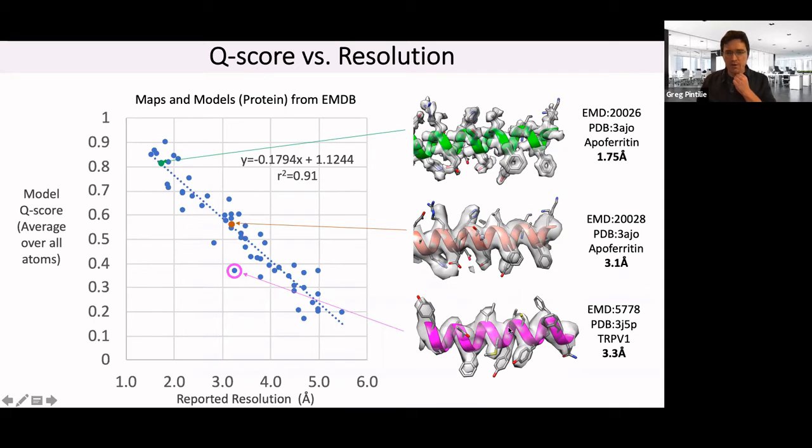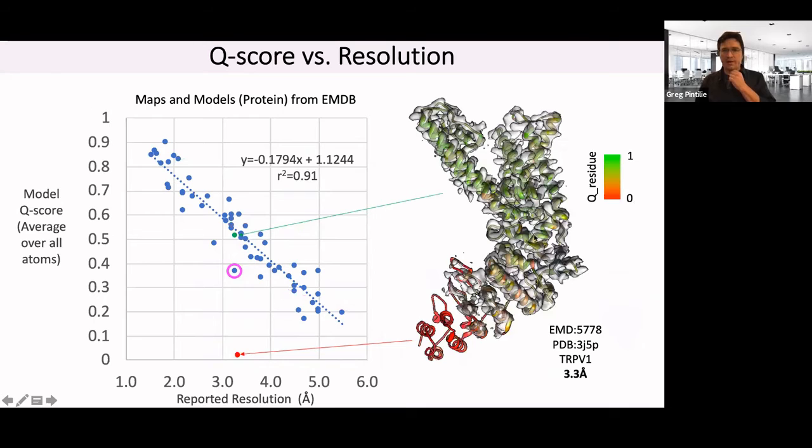So if we look at one of the well-resolved helices in the map, we can see some of the side chains, you can see a bit of helix pitch. So it's kind of curious that it has such a low Q-score that doesn't fit that trend. The Q-score should be closer to 0.55 in this case.